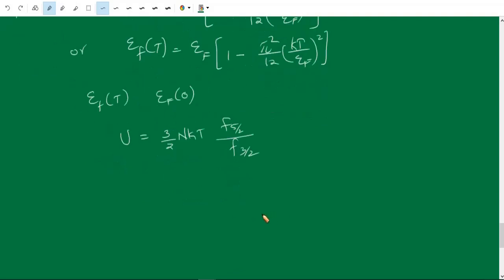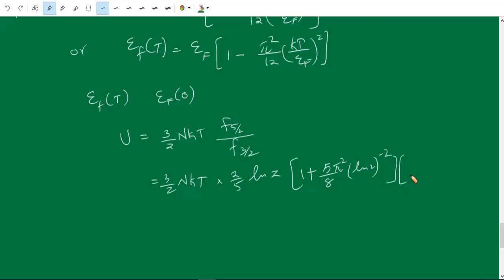So if we substitute the asymptotic expansion of f5 by 2 in terms of log z raised to minus 1, then we will get this value: f5 by 2 over f 3 by 2 will become 3 divided by 5 nkT log z.